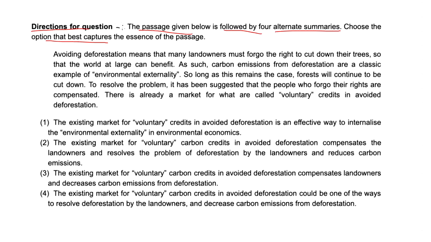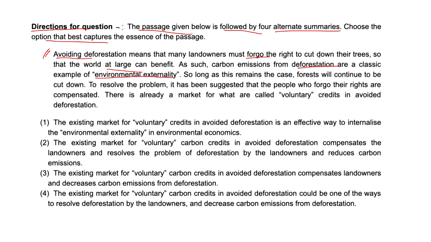Okay, so let's move to the text here. The text points out that avoiding deforestation means that many landowners must forego the right to cut down their trees so that the world at large can benefit. As such, carbon emissions from deforestation are a classic example of environmental externality.